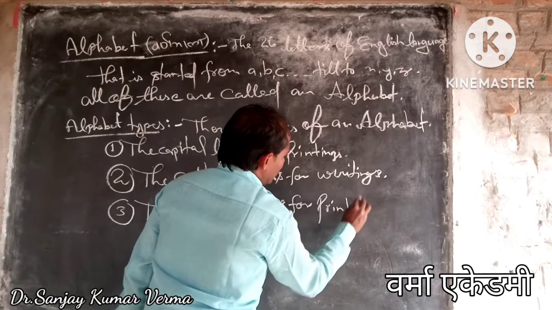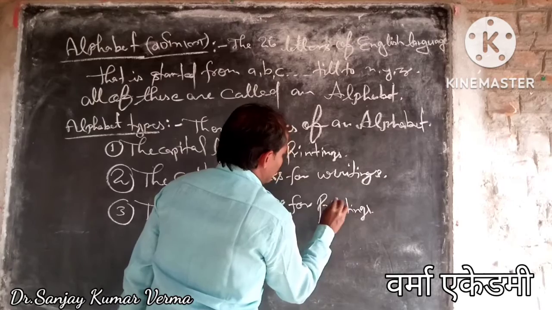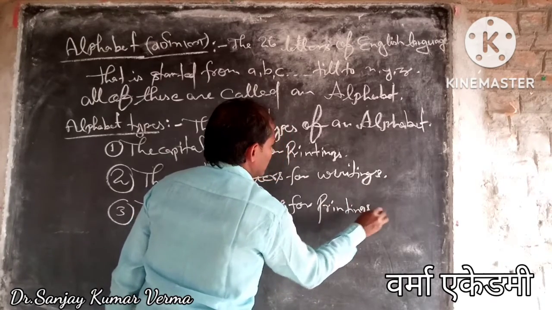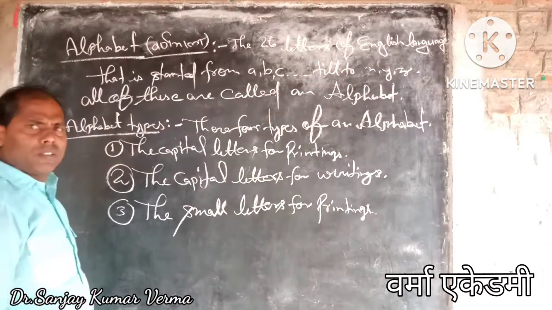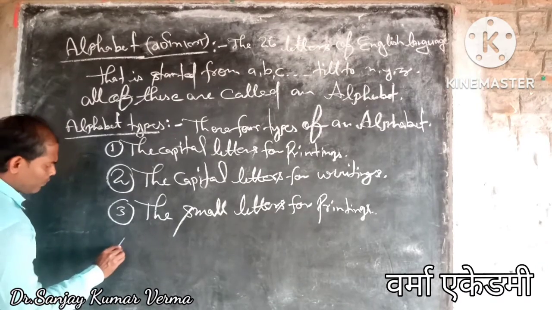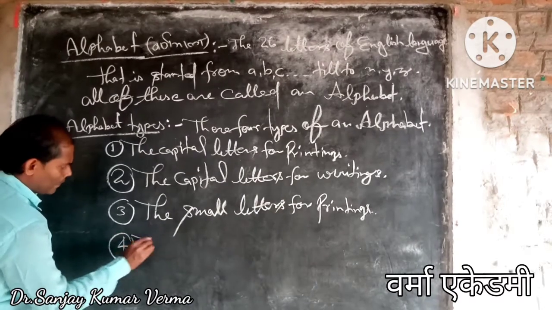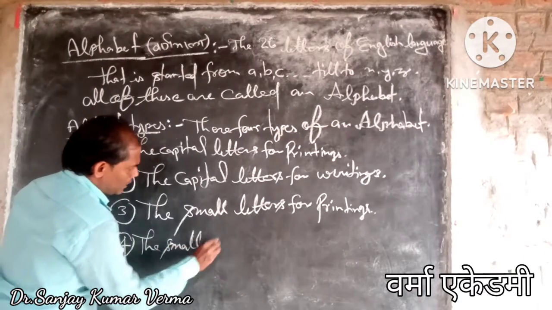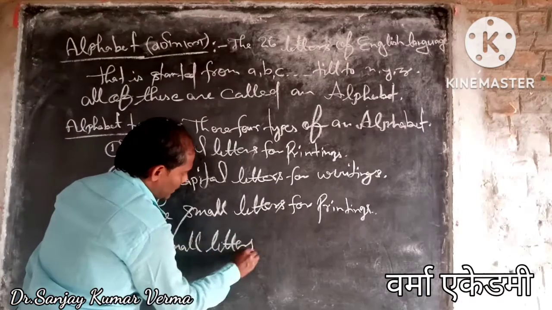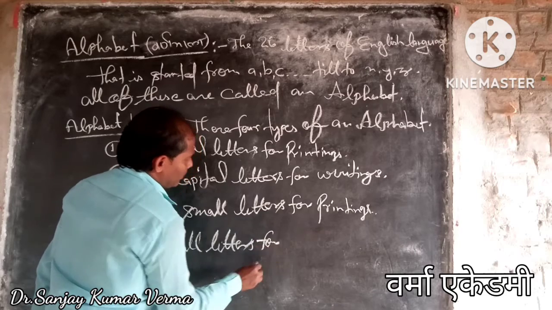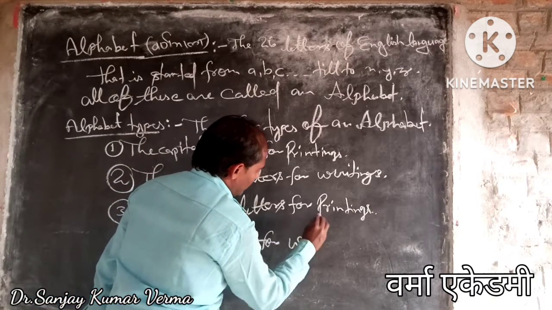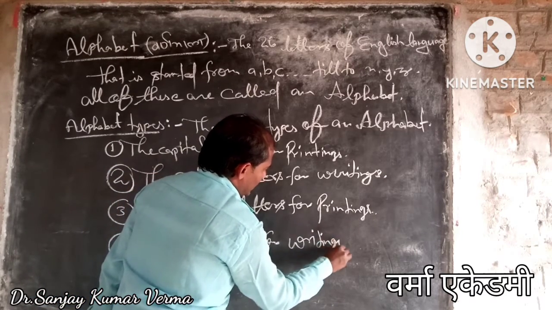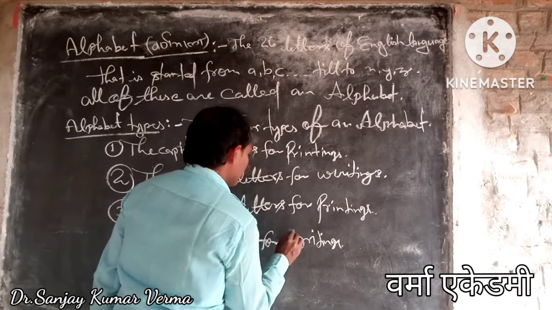Number third, the small letters for printing. And number fourth, the small letters for writing.